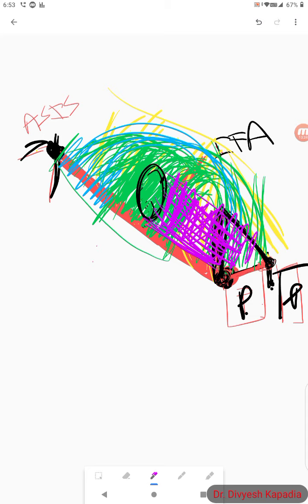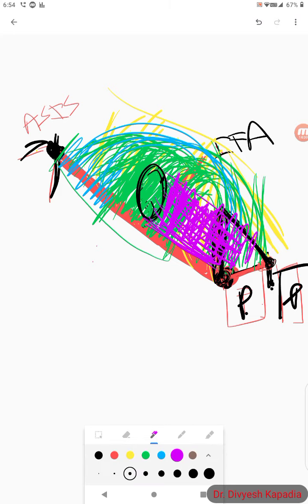Behind the fascia transversalis are extraperitoneal connective tissue and parietal peritoneum. These three structures form the posterior wall along its entire length from the deep inguinal ring to the superficial inguinal ring: the fascia transversalis, deep to it extraperitoneal connective tissue, and parietal peritoneum.